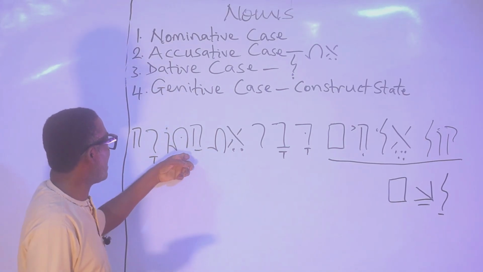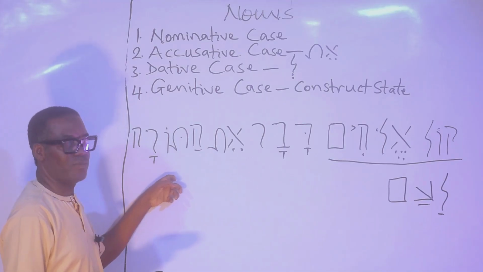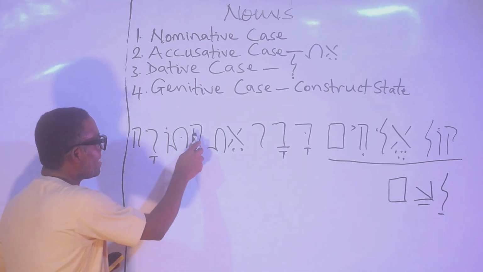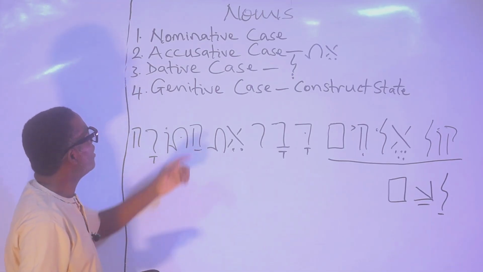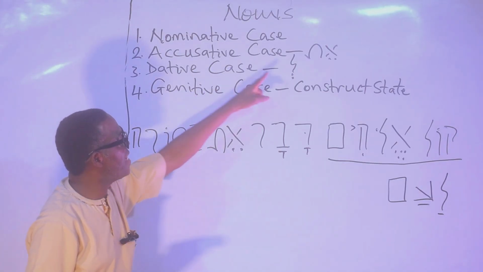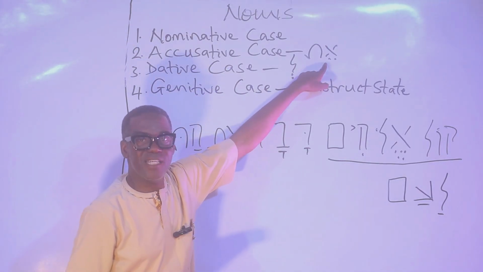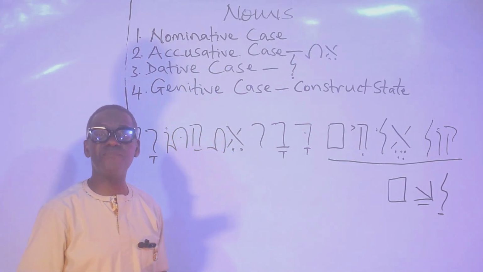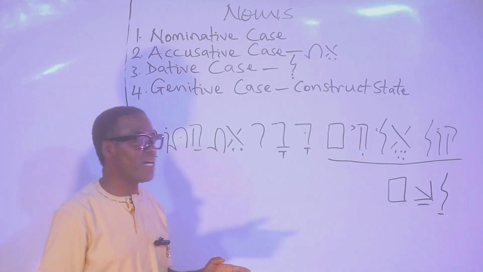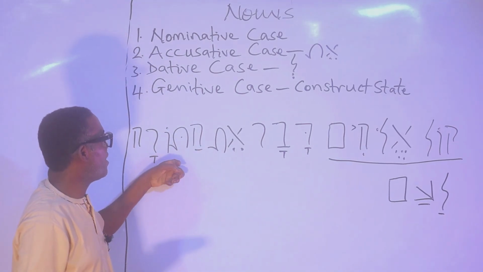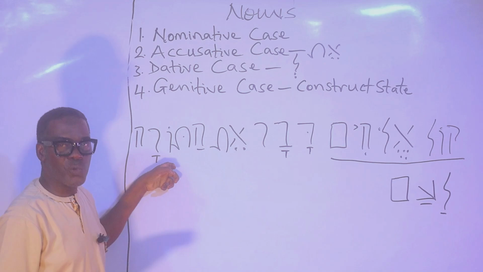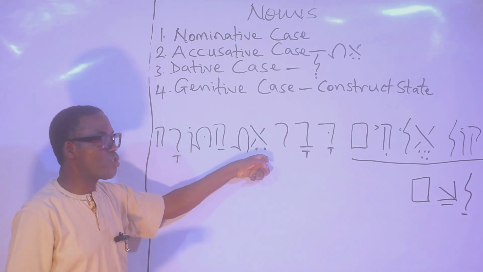Now, this is another noun, HaTorah, because the article is there. Et is used to indicate accusative case, and Et is called the object marker. Before the object appears, the object marker must come before it.